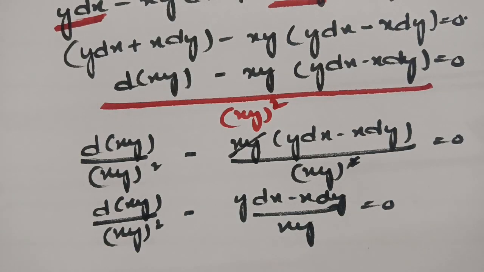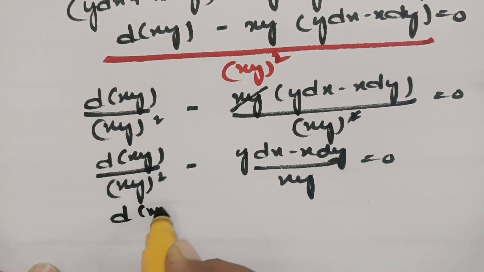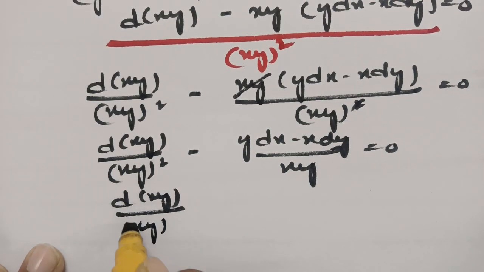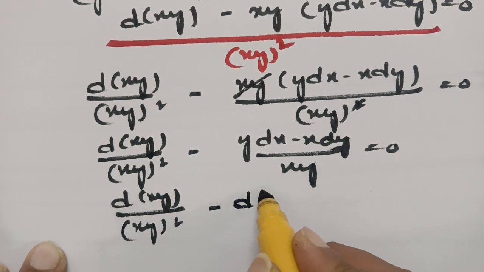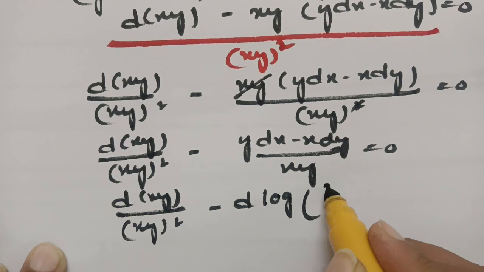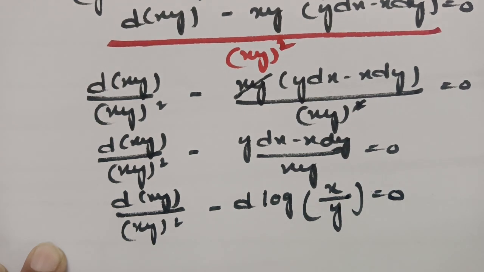Just see here. This one I'm going to write as in the formula xy by xy whole square minus, this can be written as derivative of logarithm of, if there is y, we have to go with x in the numerator, x by y is equal to 0.